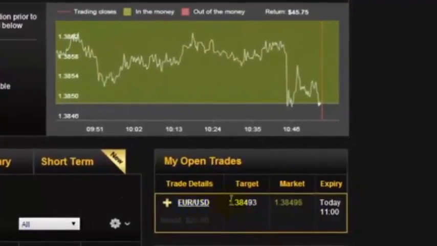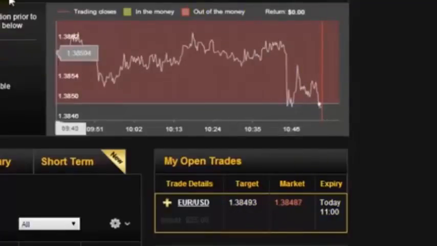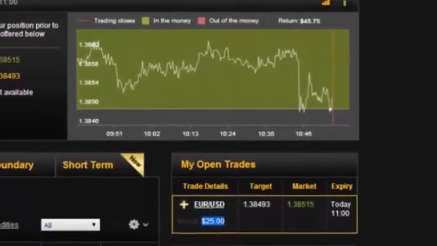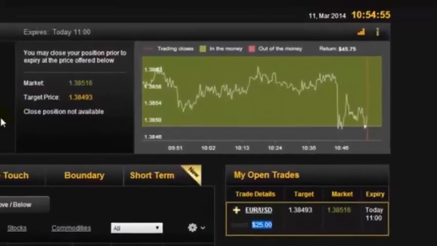I entered my trade at the price of the euro of 1.38493. I set my expiry time at 11 o'clock, and if in the next 5 minutes this chart will go up, on my investment of $25, I will get a total return of $45.75.